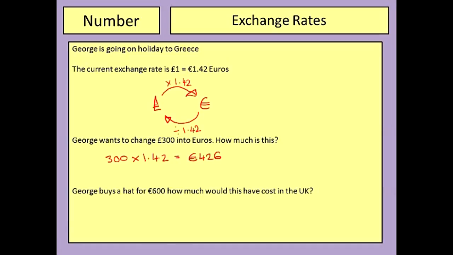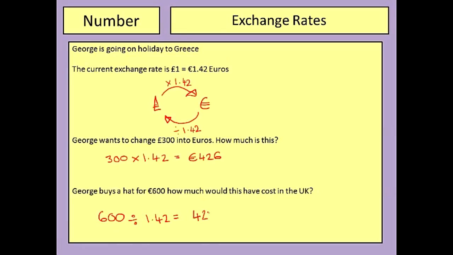George buys a hat, it costs him 600 euros, and he wants to know how much this would have cost in the UK. So we're going to start off with 600, and I consult my guide up here to go from euros to pounds. It's divide by 1.42, so it's important I show all my working out. When I type this into the calculator, I've got to be a little bit careful here.